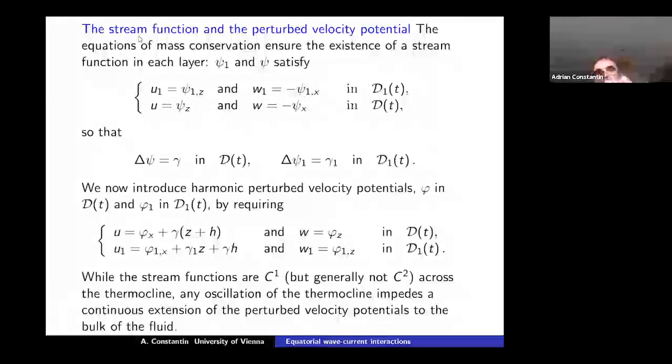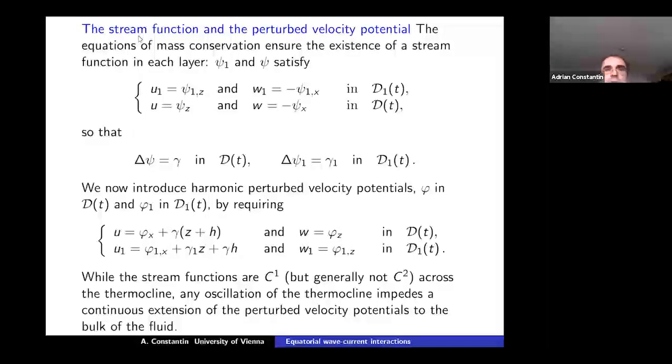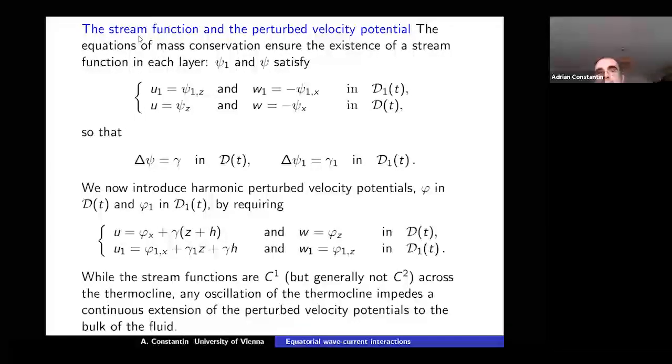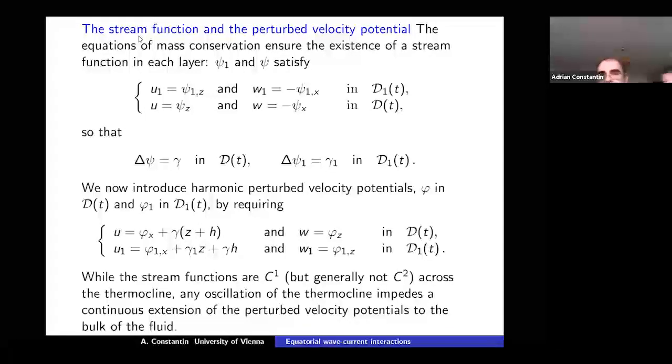This is nonlinear. Now the advantage of constant vorticity is that, of course, it's not irrotational, but not too far off in the sense that, first of all, there is a stream function because you have mass conservation.